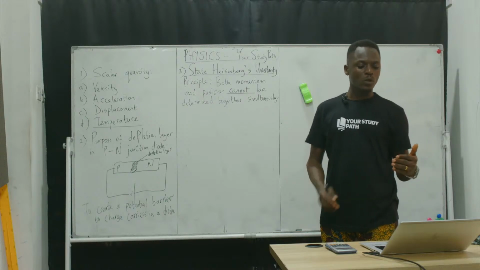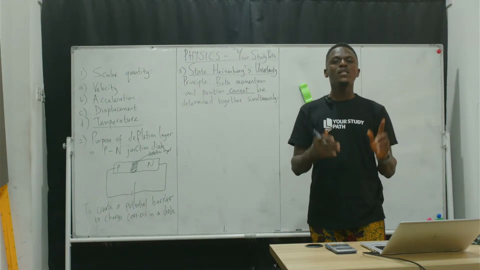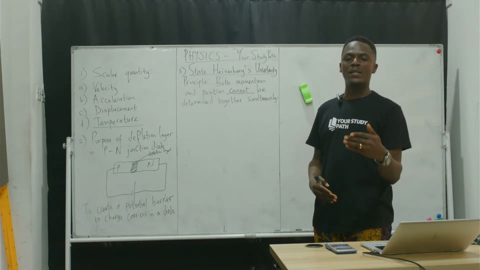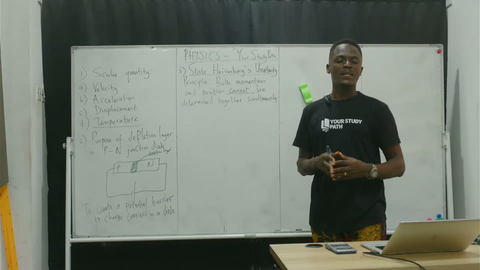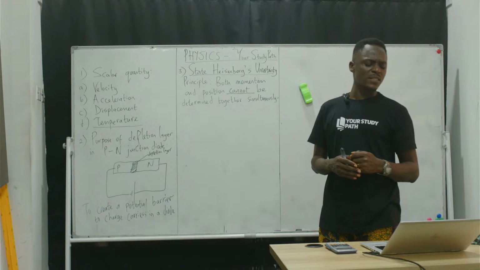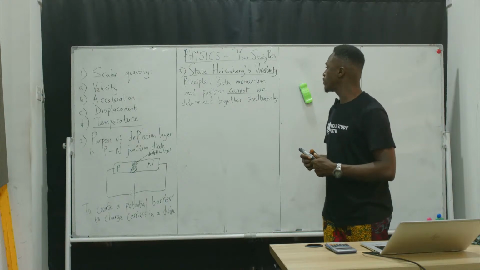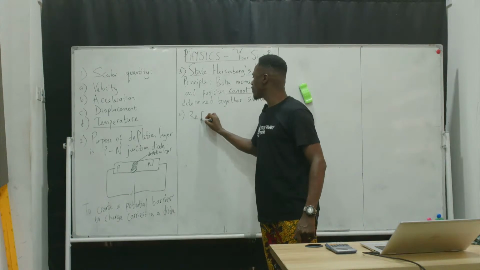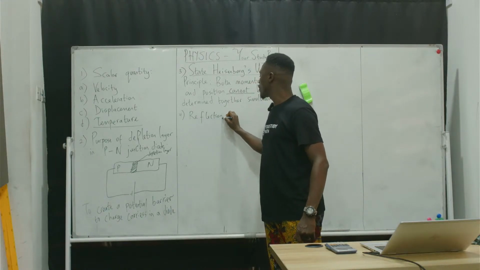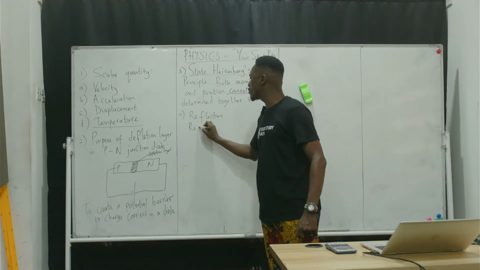So whenever a particle is passing through a potential barrier, when it does not necessarily possess the energy to overcome the barrier, would you talk in terms of reflection? Will you talk in terms of refraction?